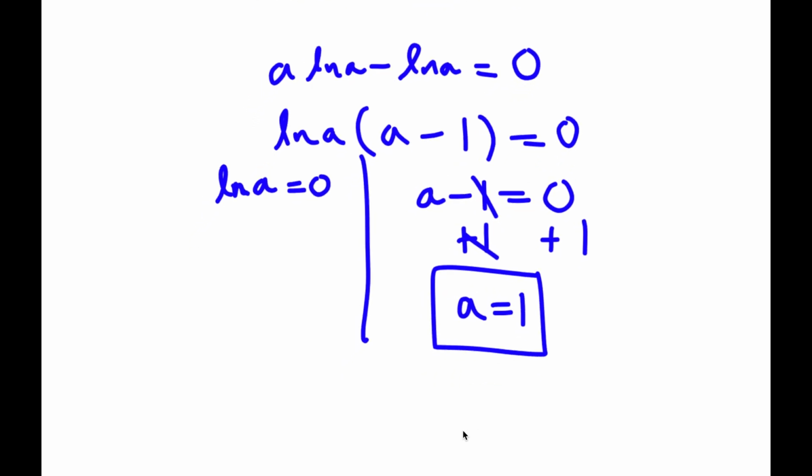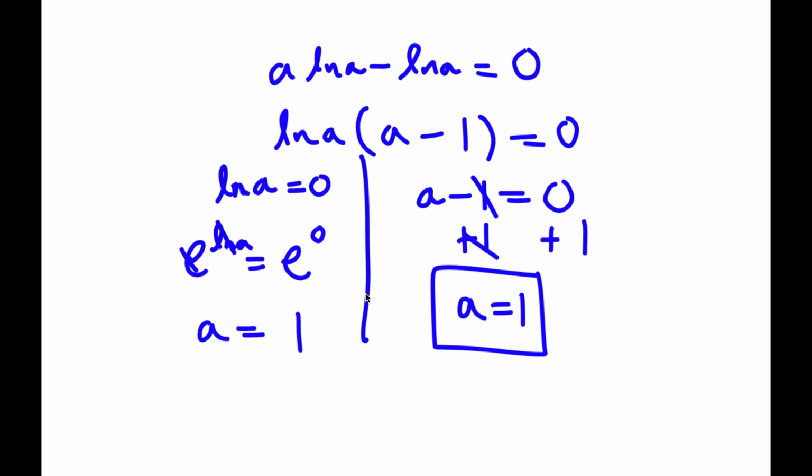Now for ln a equals 0, to get the value of this, I'm going to first take e to the power of both sides. So I get e to the power of ln a is equal to e to the power of 0. Now e and ln, these two cancel out, so now I get a is equal to e to the power of 0, which is 1. Well, I got a equals 1 again.